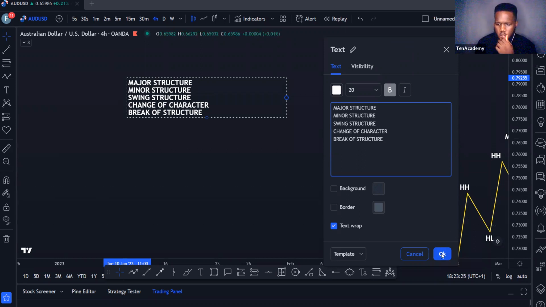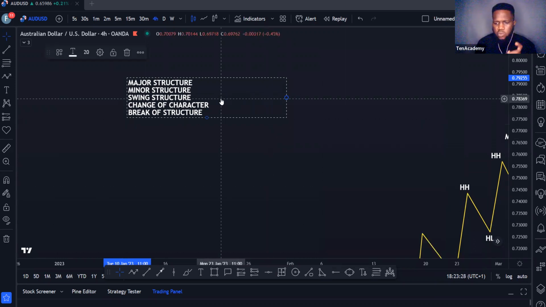So these 5 concepts, we're going to deal with in this market structure class.